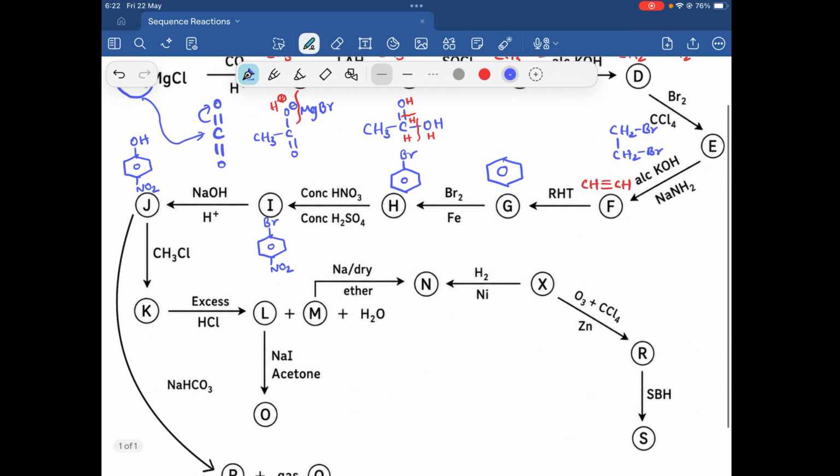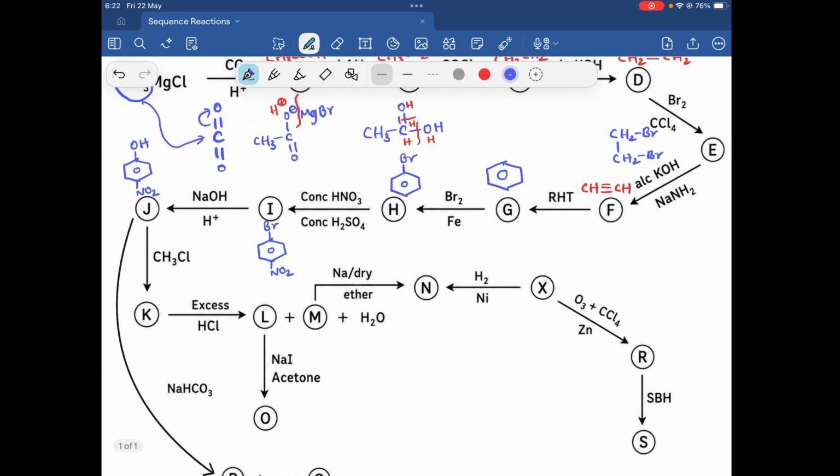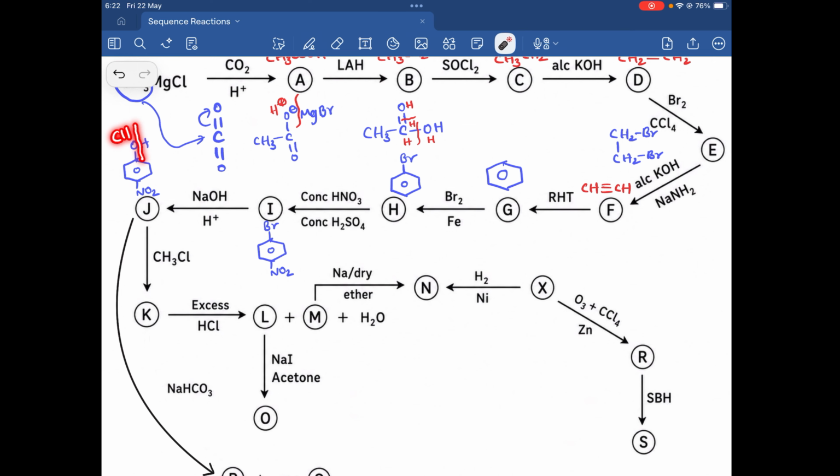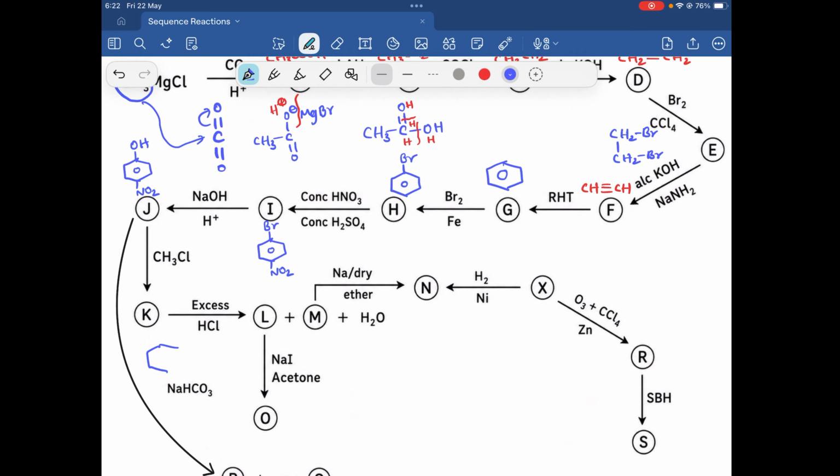Now this on reacting with CH3Cl. What happens here? This on reacting with CH3Cl, see, you can break this bond, correct? Now you can add the CH3 group here, Cl here. So we'll get OCH3 and HCl separate. So the product is a benzene ring, NO2 group, and on top OCH3.